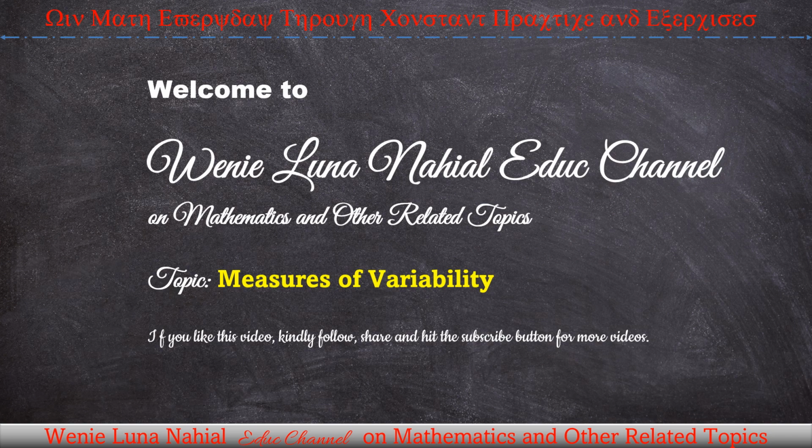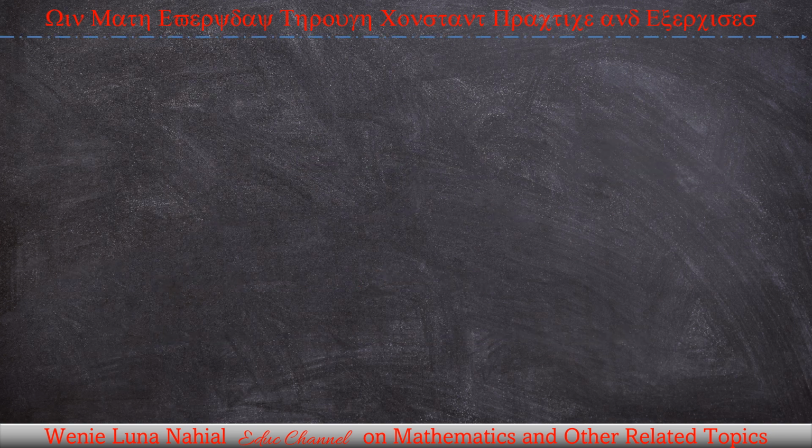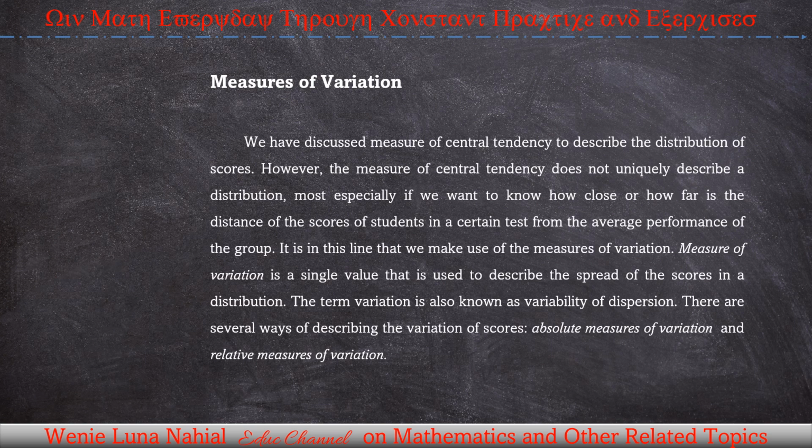In this video, we are going to discuss measures of variability. Measures of variation. We have discussed measures of central tendency to describe the distribution of scores. However, the measure of central tendency does not uniquely describe a distribution.